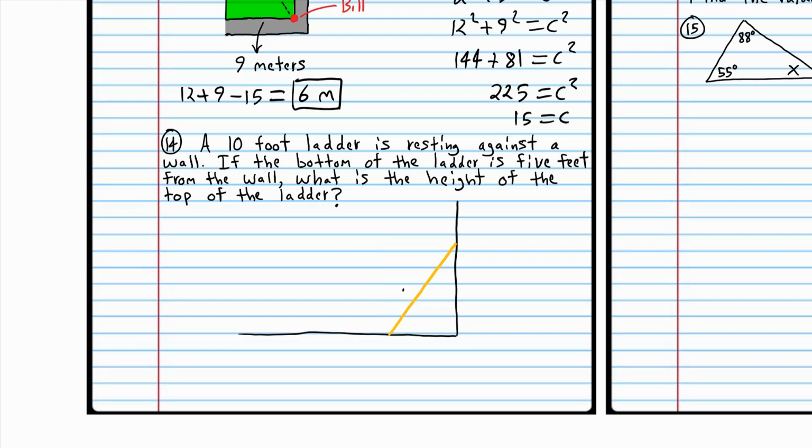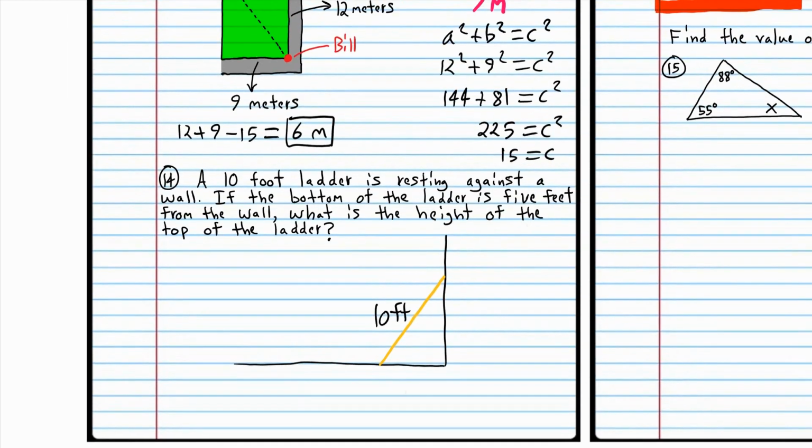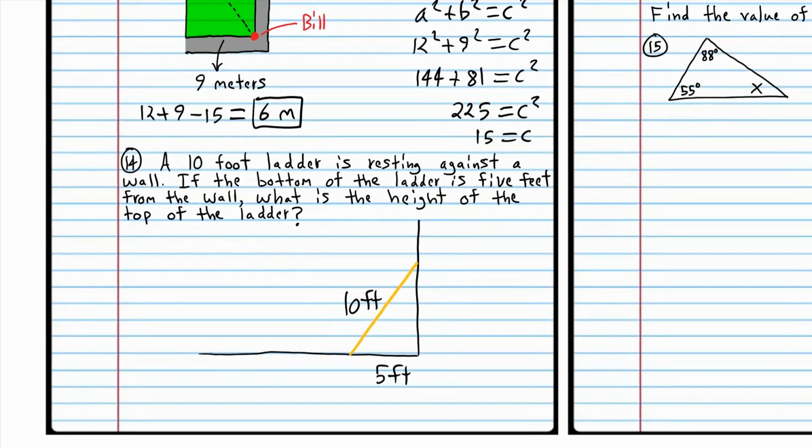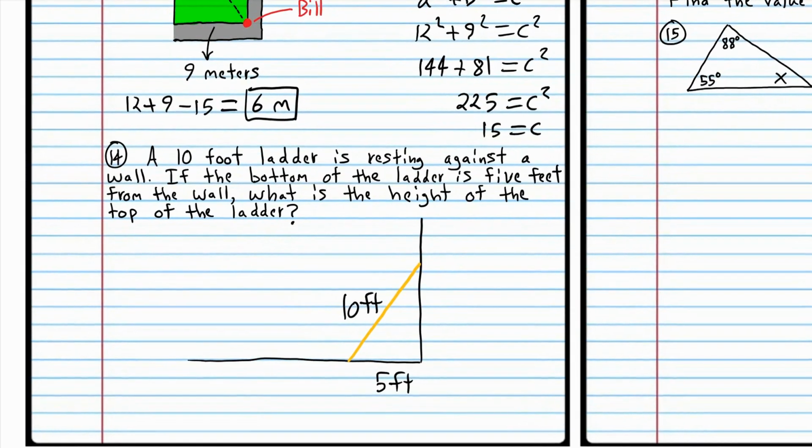So the ladder is 10 feet. And the distance from the bottom of the ladder to the wall, this distance here, is 5 feet. We're given that information.